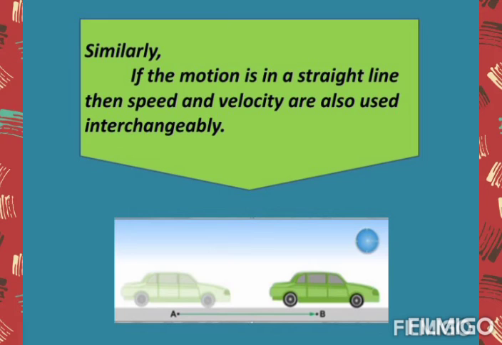Similarly, if the motion is in a straight line, then speed and velocity are also used interchangeably. As you have studied, there is a differentiation between speed and velocity. The definition of speed is that if the body covers a distance in unit time, that is called speed, and if the body covers a displacement in unit time, that is called velocity.